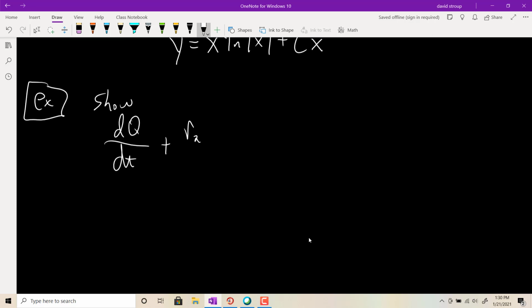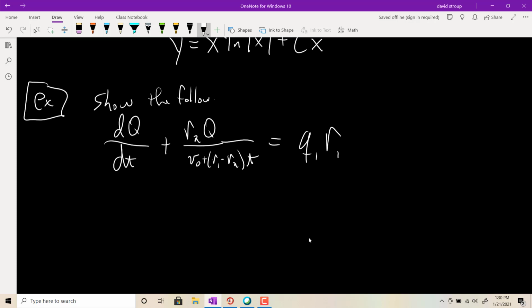Plus R2 Q over V sub 0 plus (R1 minus R2) times t equals Q1 R1. Show the following differential equation models the mixing problem.